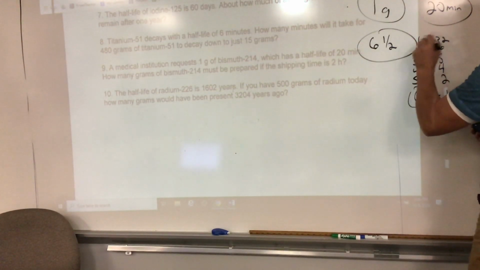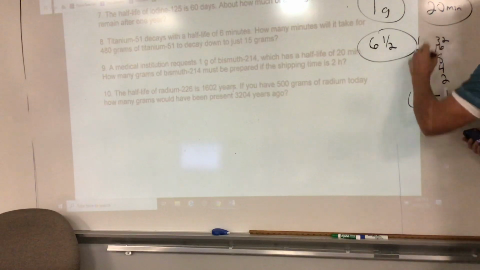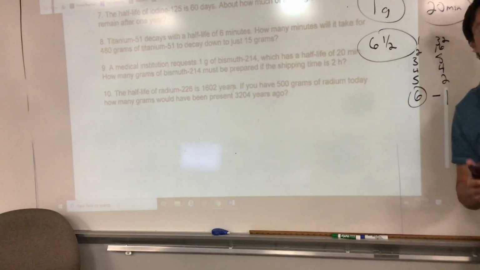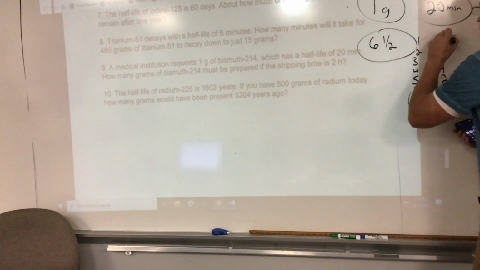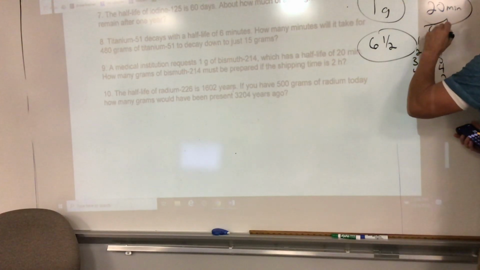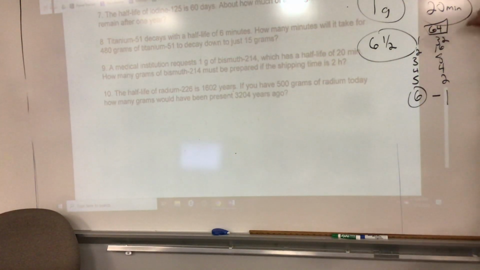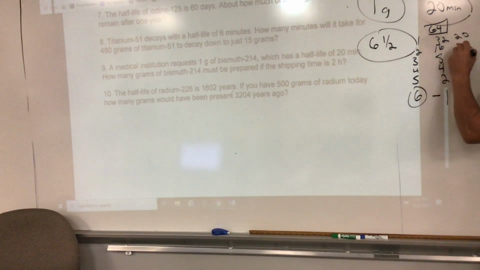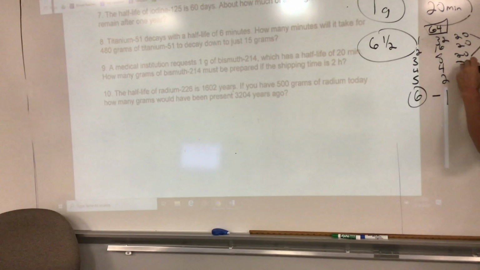So that's when it first starts decaying. Before that, I have to go back to the original, so I need 64. Just do the reverse math. If I started out with 64 and I need 1, and I've got a 2-hour shelf life window, 20 minutes, 20 minutes, 20 minutes, there's 1 hour. Another 20, 20, and 20, there's another hour.